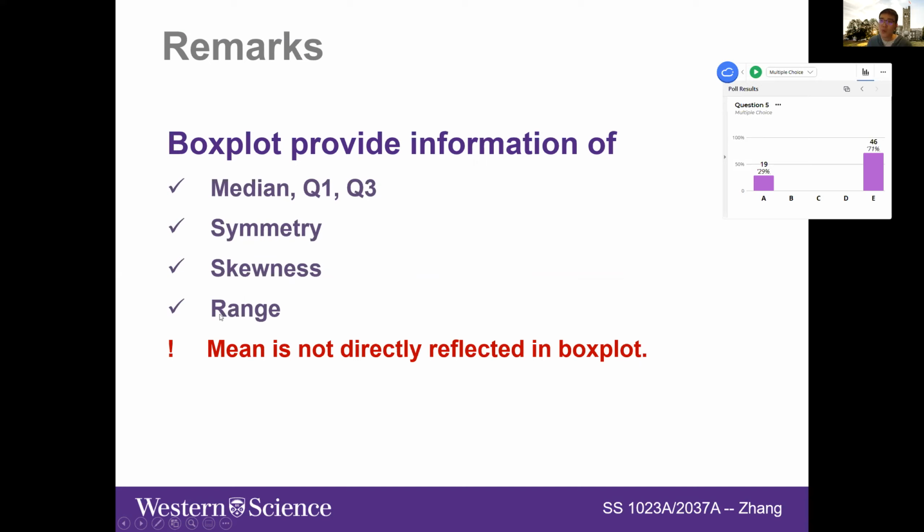And we can tell it from the range, which is given by the distance of the two bars if we don't have outliers. If we have outliers, we have to take the outliers into consideration when we calculate the range. But the most important thing to keep in mind is that the mean is not directly reflected in the box plot. Okay, any questions so far?